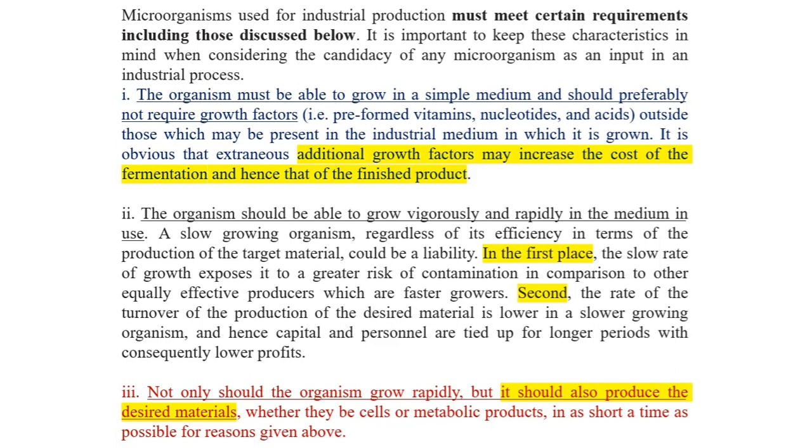If the organism is growing very slowly, and one or two microorganisms get in by contamination through the inoculum, they will dominate your organism, because your organism is growing very slowly, and the contaminant will grow and spoil the whole fermentation process. So your organism should be fast enough, growing very rapidly when compared to any other organism. If it is not possible, no problem, but if you have an option, you can choose.